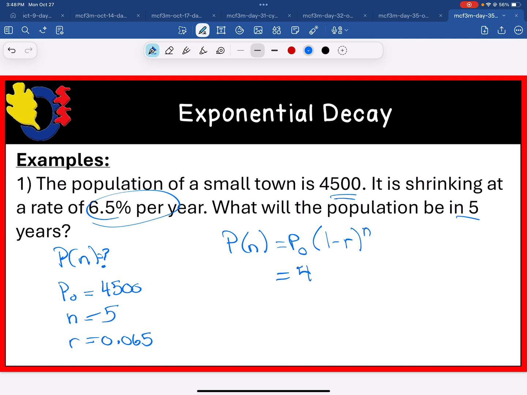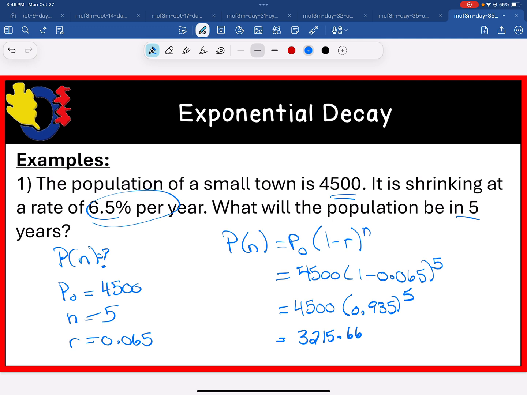Okay, so 4,500, 1 minus 0.065 to the exponent 5. So that's 4,500 times 0.935 to the exponent 5. And if we plug that into our calculator, we're going to get 3,215.66.